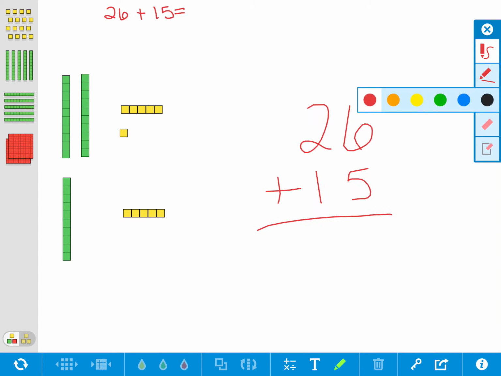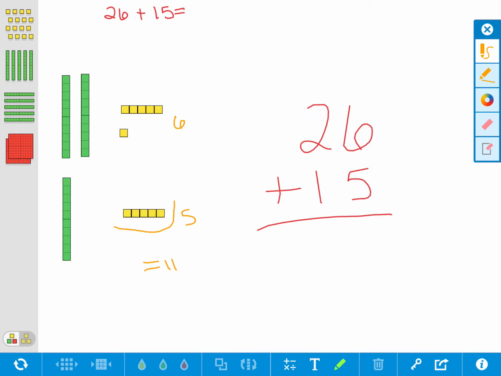Now the first thing I'm going to do is look at my ones using my place value blocks. Now I have 6 up here, and I've got 5 up here. If I add 6 plus 5, I actually get 11, which is too big a number to write in just the ones place.